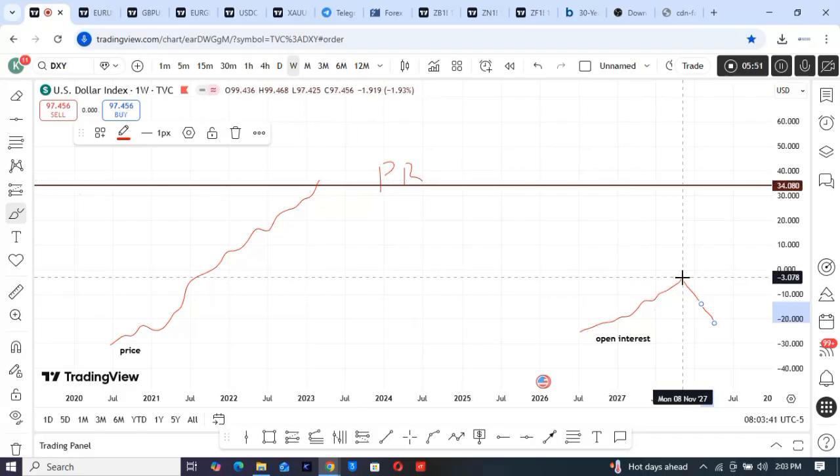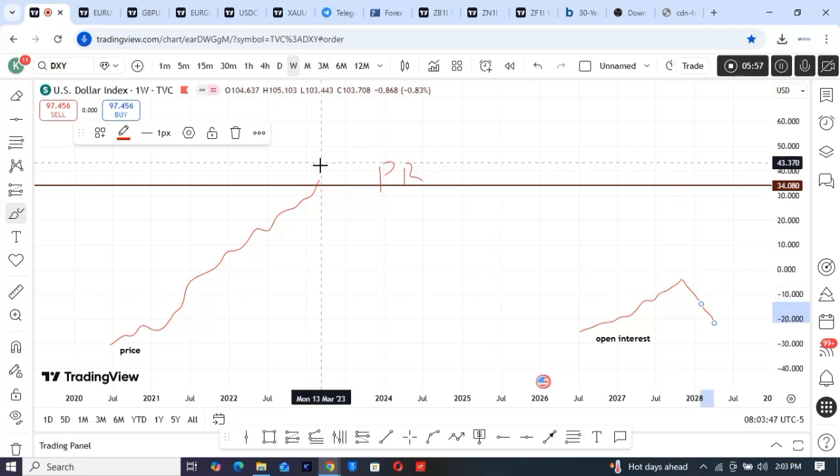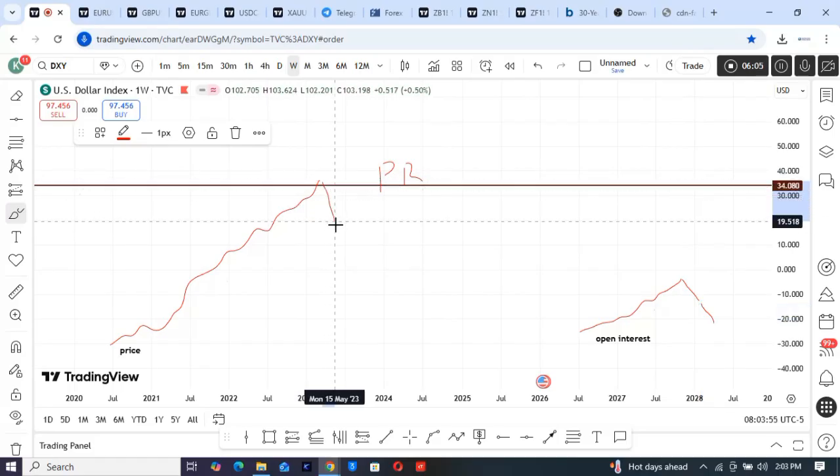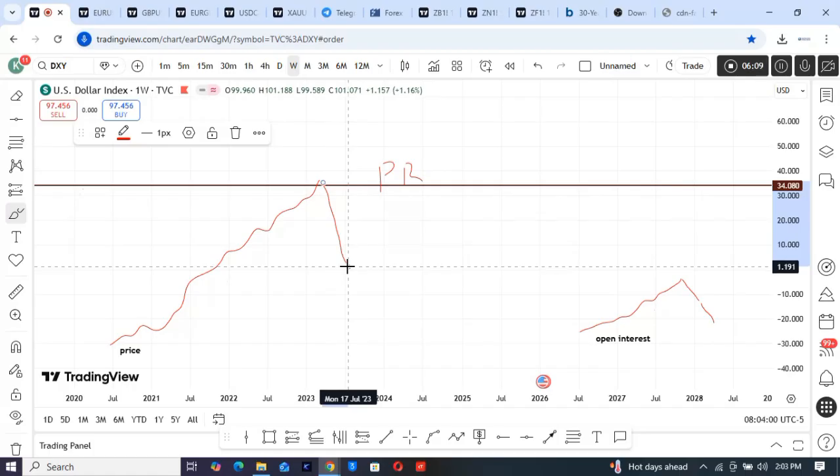So when they reach it, there was a lack of interest on the buy side. Afterwards they had to hedge their position by selling short. So now what we expect is a reversal in price over here.